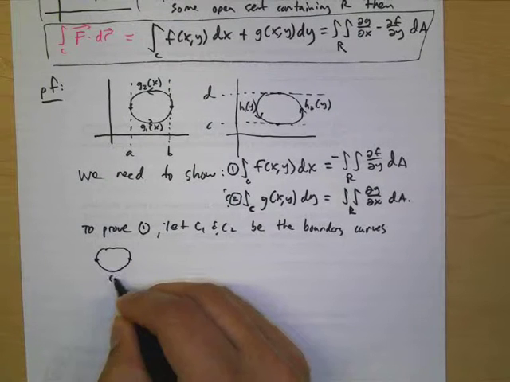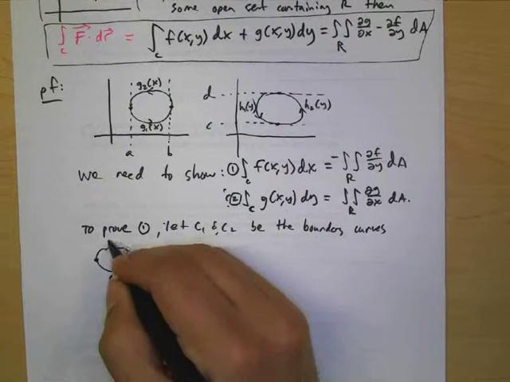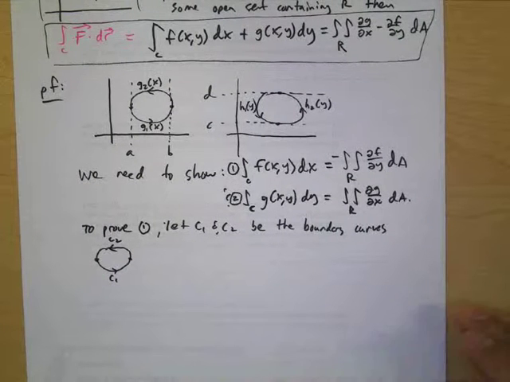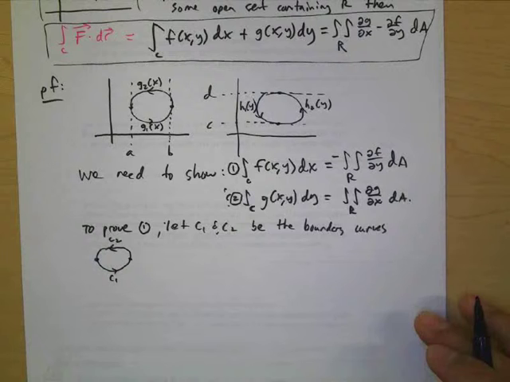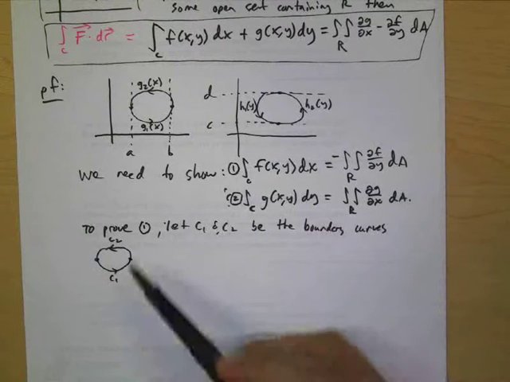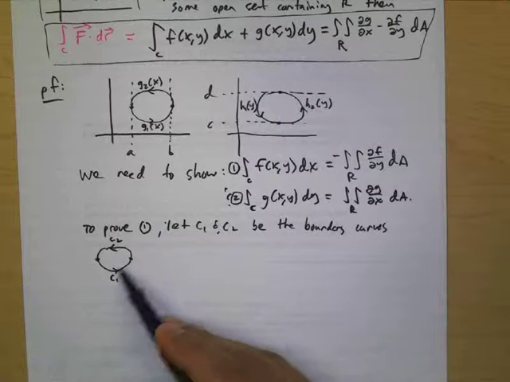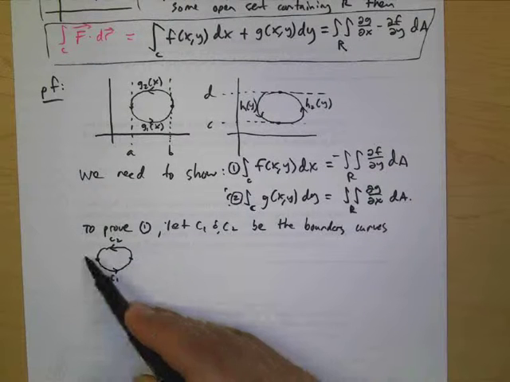We'll put C1 as the bottom curve and C2 as the top curve. Why not just keep using the g2 and g1? Well, we have to bring that in somehow, because right now we're actually going to split this up into two separate line integrals. So we're going to evaluate the line integral along C1 and then along C2.